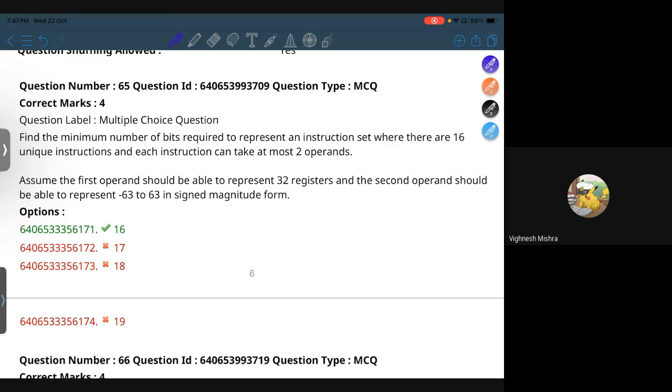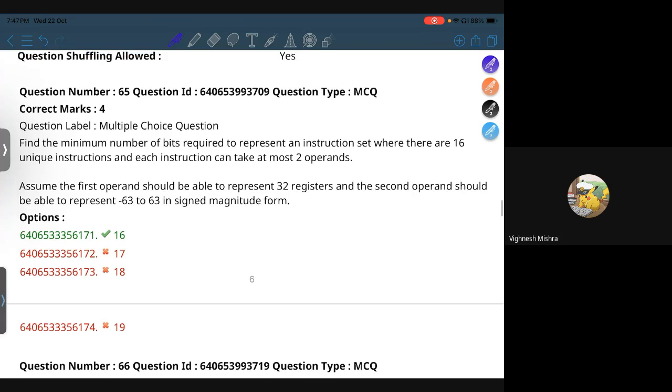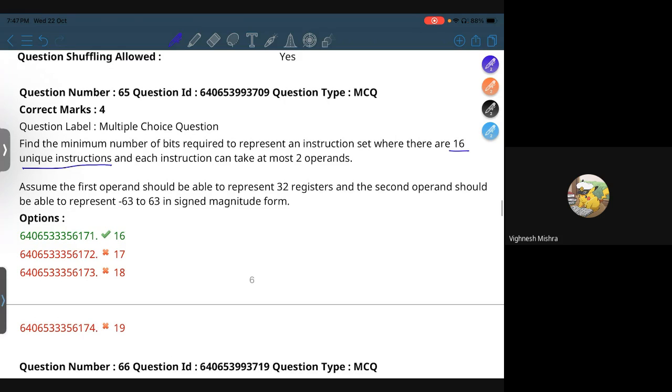Find the minimum number of bits required to represent an instruction where there are 16 unique instructions. Each instruction can have at most two operands. Assume that the first operand is from 32 registers and the second is this. So this we know is 7 bits.